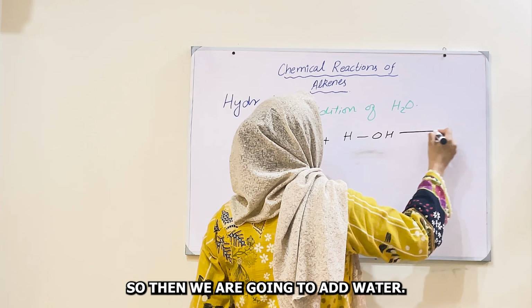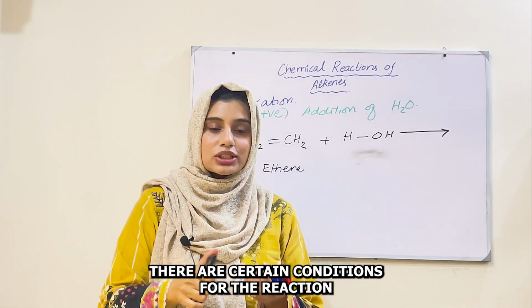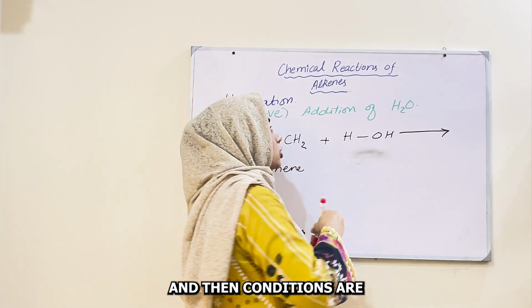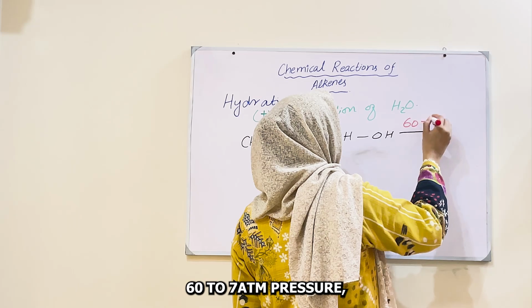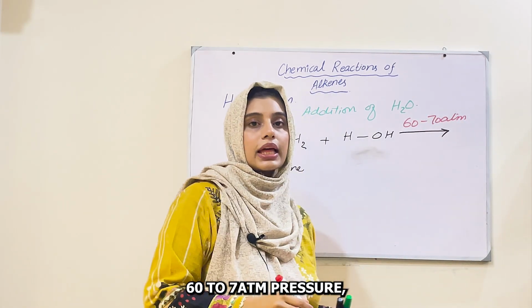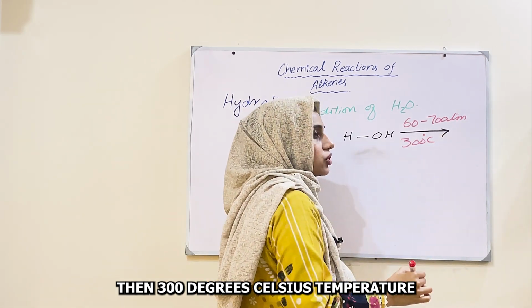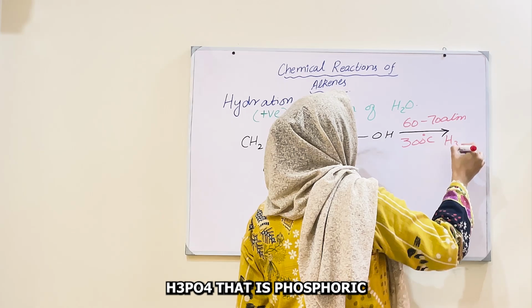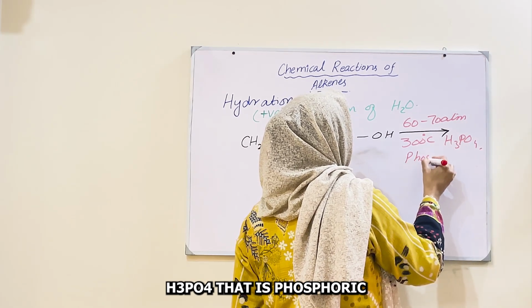When we add water, there are certain conditions for the reaction, and the conditions are 60 to 70 atm pressure, then 300 degrees Celsius temperature, and H3PO4, that is phosphoric acid.